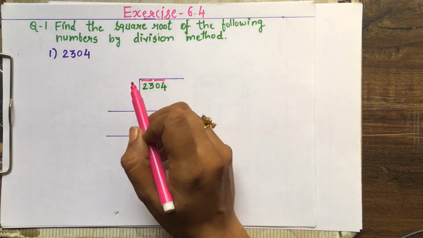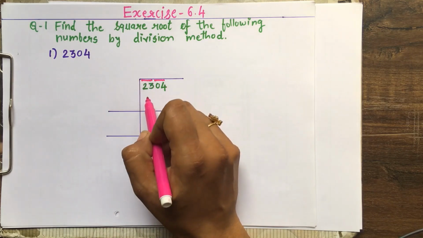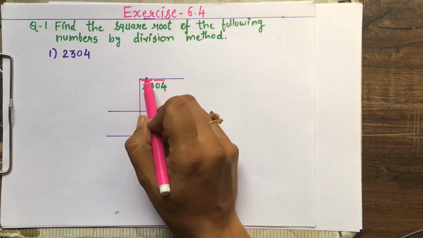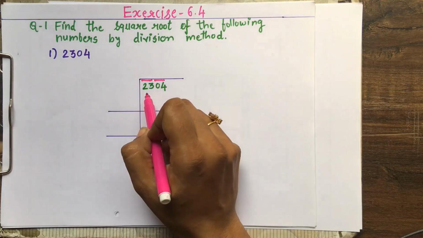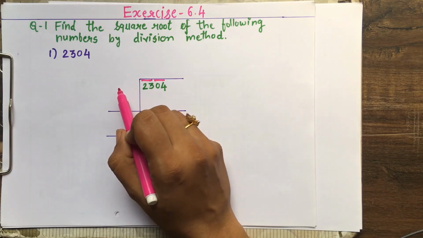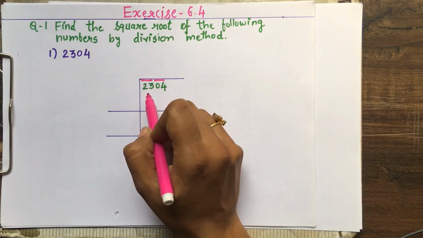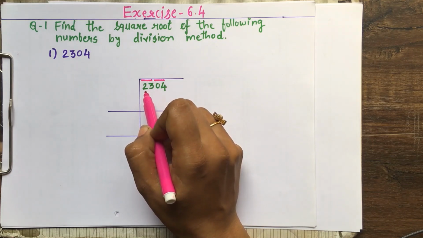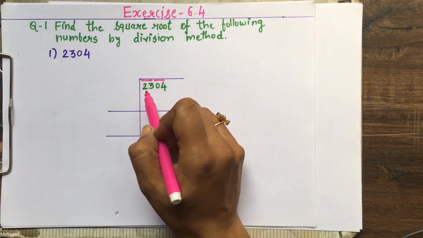If I take 3, then 3 3s are 9, that is again less than 23. Then if I take 4, 4 4s are 16, which is also smaller than 23. But if I choose 5, then we know that 5 5s are 25. So this 25 will be greater than 23. So here I have to choose number 4.